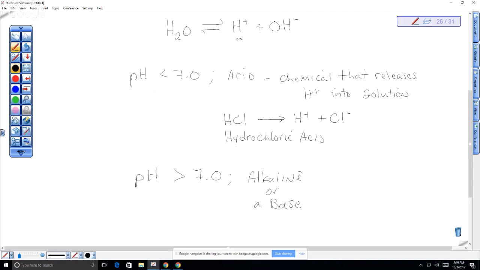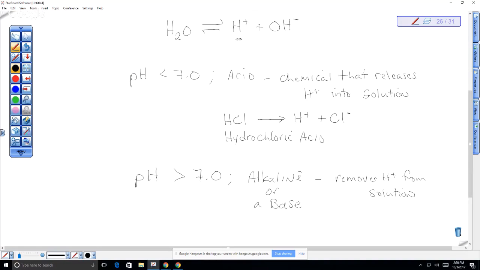What a base does is remove hydrogen ions from solution.